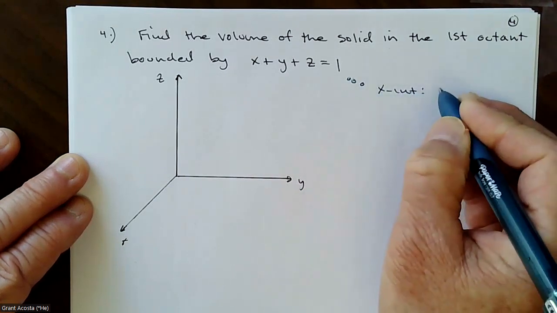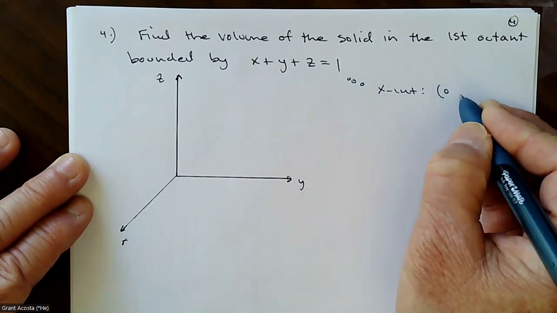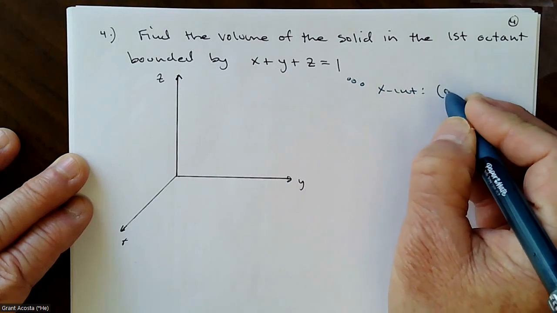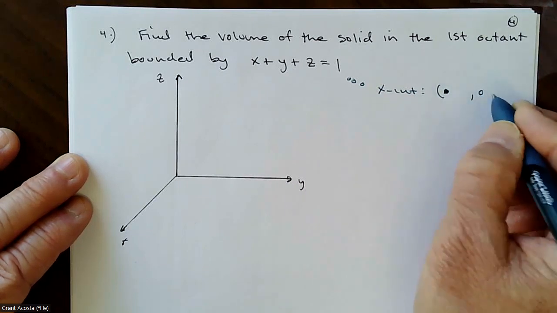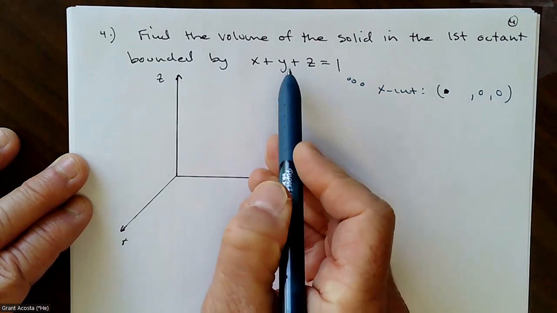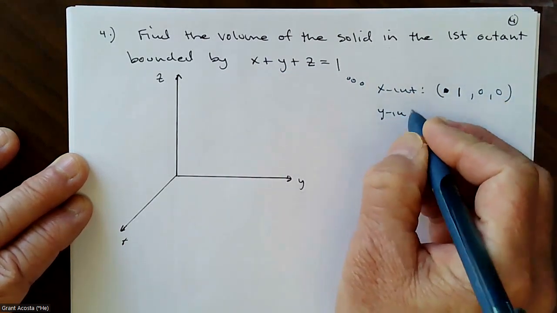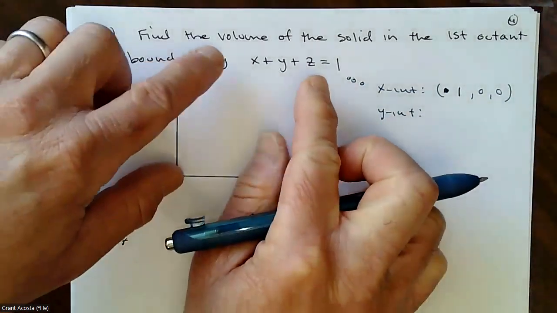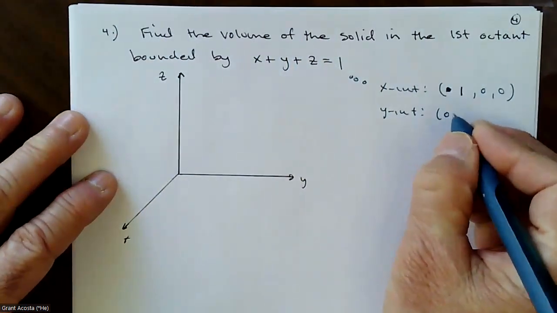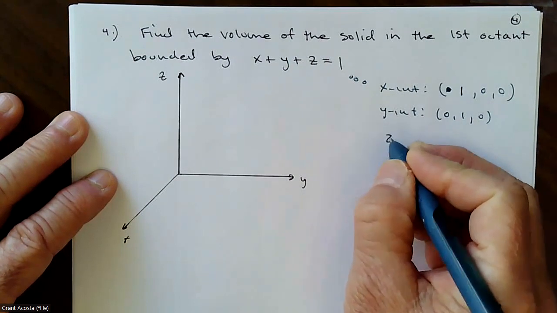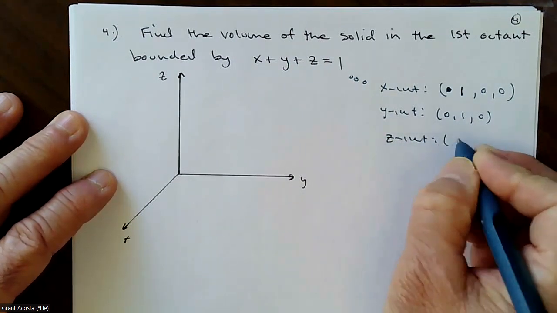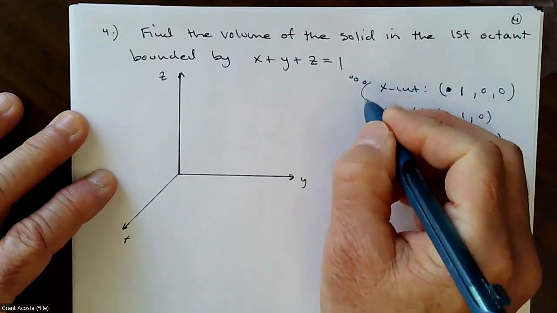My x-intercept is what happens when I let, no, not x equal to 0, is what happens when I let y and z both equal to 0. And if y and z both are equal to 0, I get 1. My y-intercept, if I let x and z be 0, is also 1. And my z-intercept is 0, 0, 1.